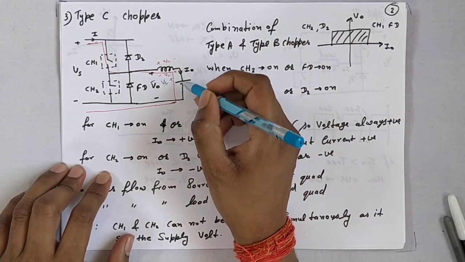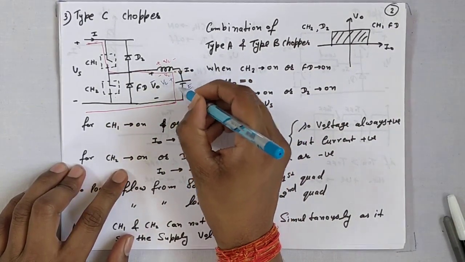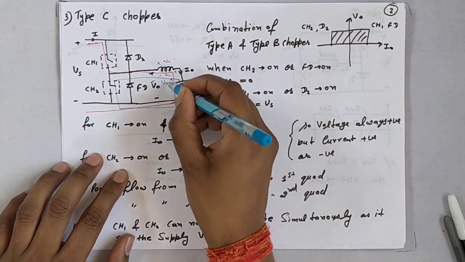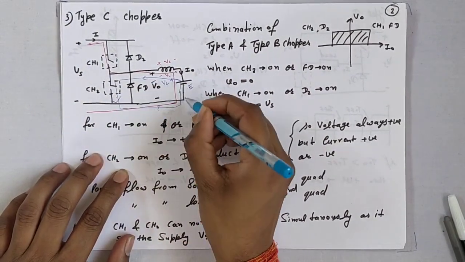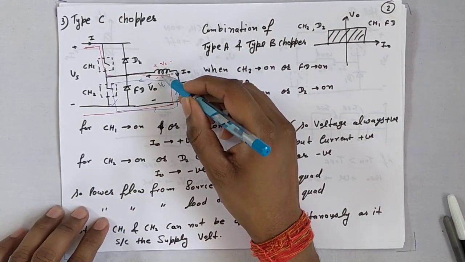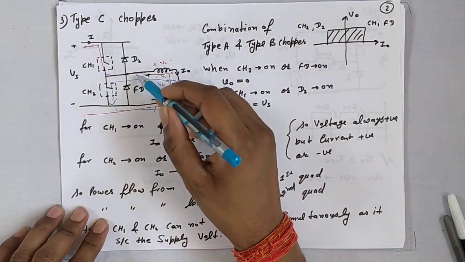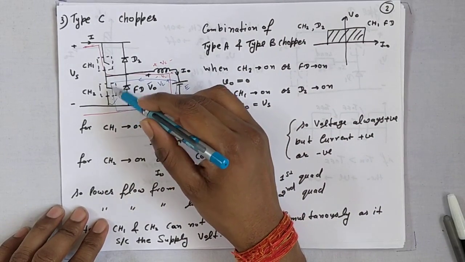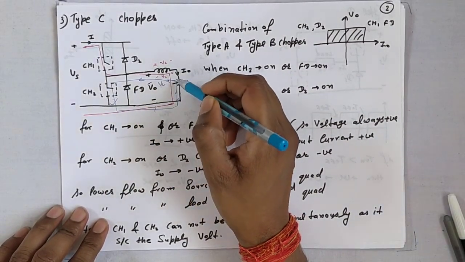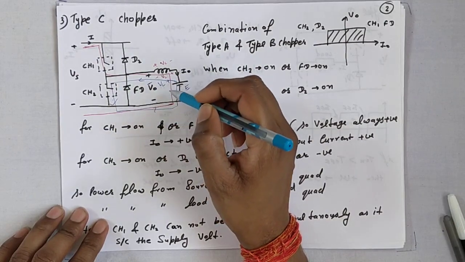Current is flowing in the negative direction. Output is equal to this plus this. Output is equal to 0 because CS2 is short circuited. Output is 0 and current is flowing in the opposite direction.